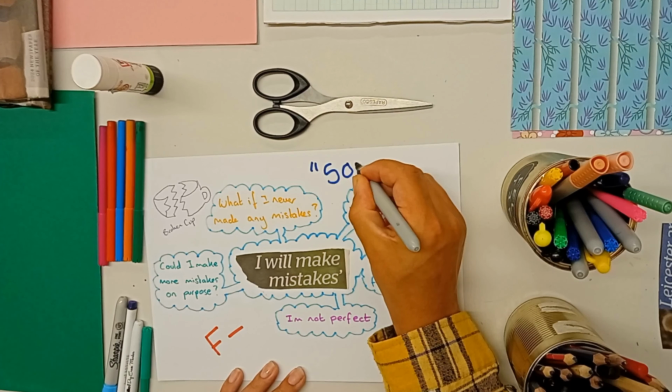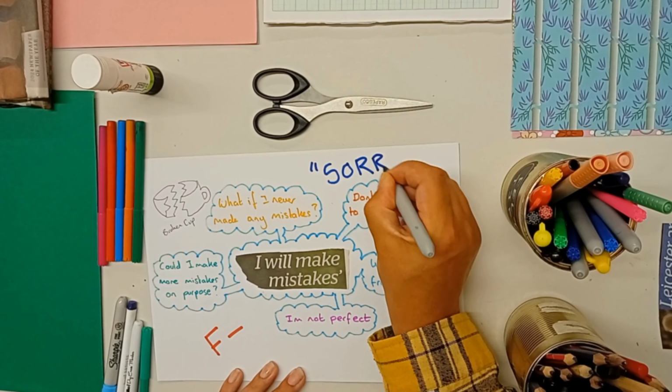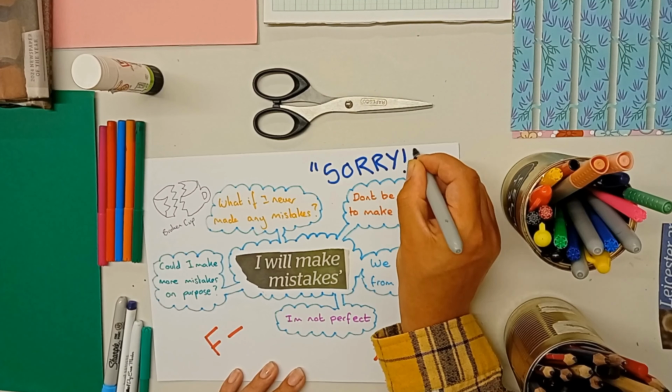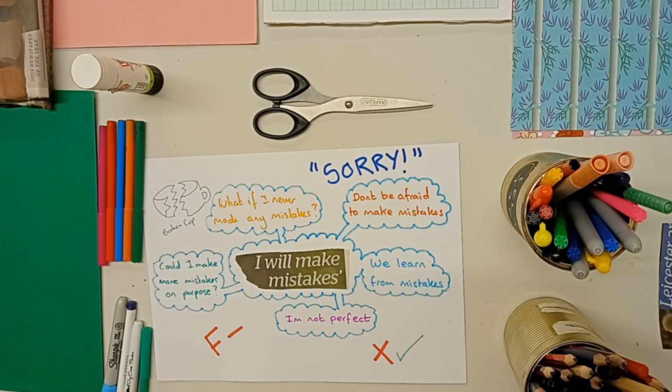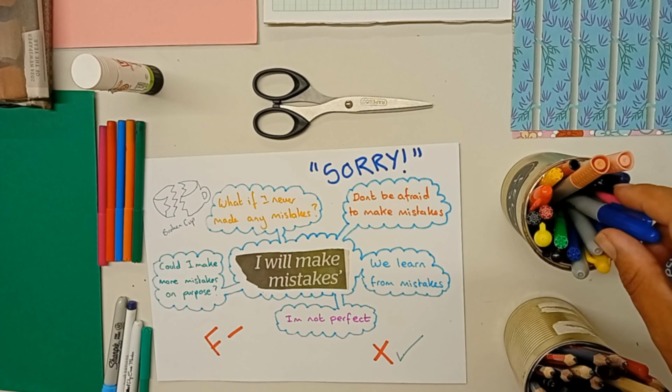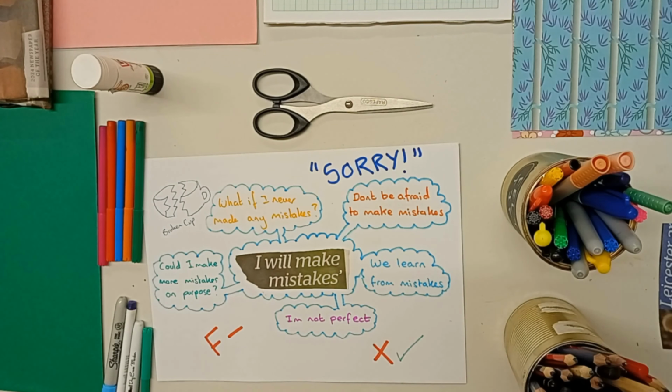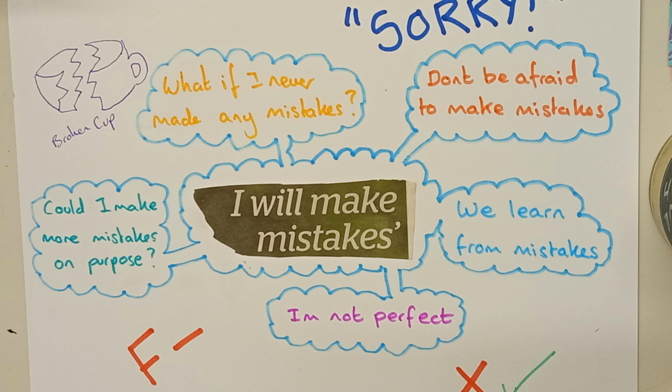So the idea here is that we're thinking about a problem that we have, and we're going to collage an invention to the problem that we have. And here's the example of the mind map.